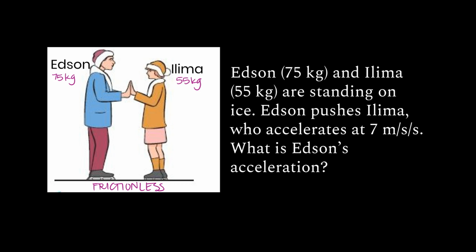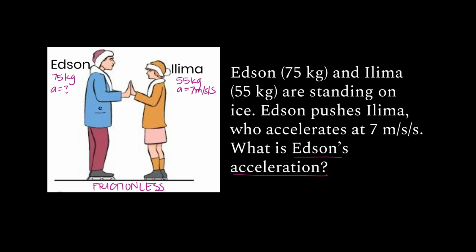Edson pushes Elima, who accelerates at 7 meters per second per second. What is Edson's acceleration? So we don't know what his acceleration is. Okay, it's a question. So the first thing you'd want to do is draw a force diagram, or just kind of draw the general idea.